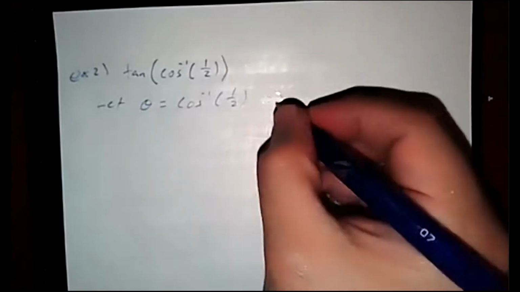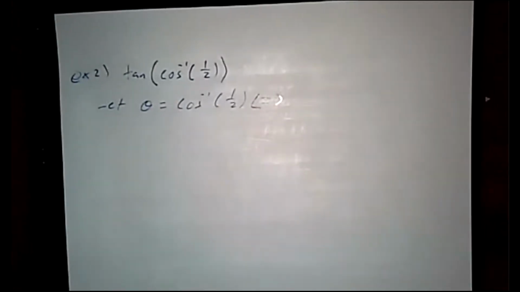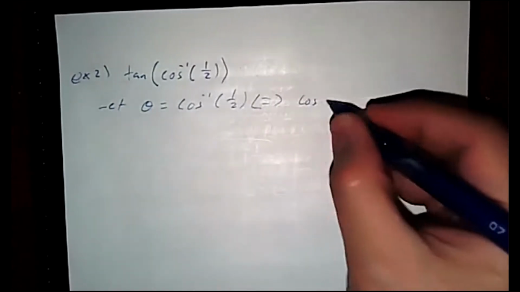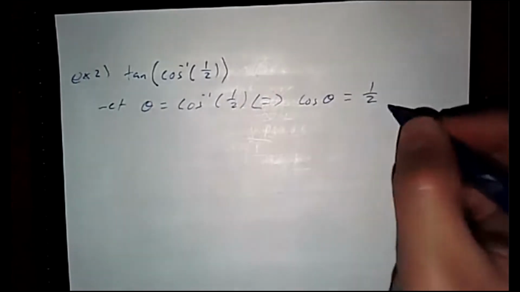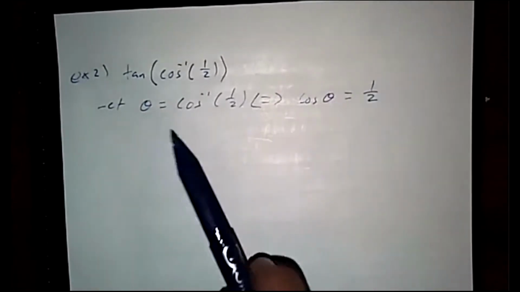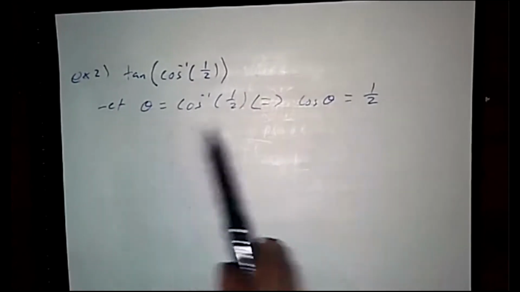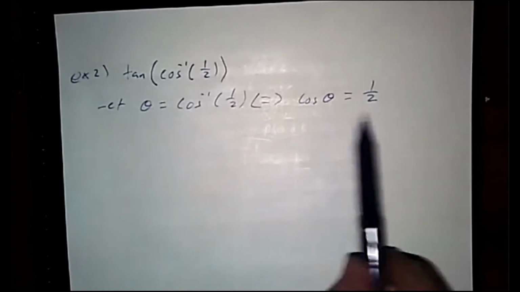Then you use the inverse, sorry, the definition: cosine theta is equal to 1/2. So that's the definition, right? The definition says that this exists only if this is true. So you can convert back and forth. Once you have this, you can create the triangle, right?